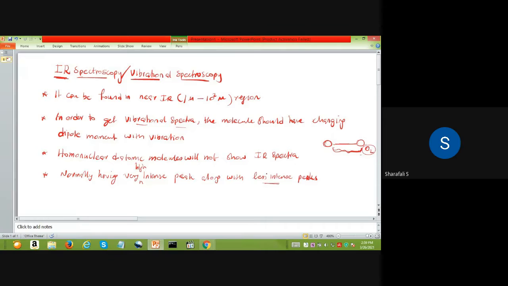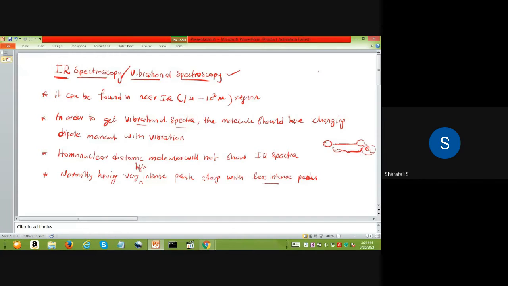Okay, so what is the basic principle behind vibrational spectroscopy or IR spectroscopy? For that, I will show you how a molecule vibrates when it absorbs a particular radiation.